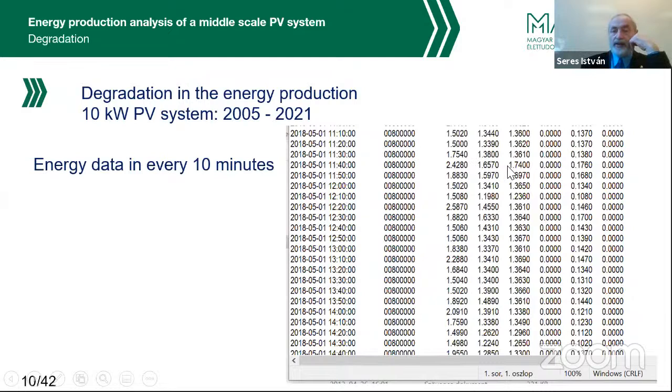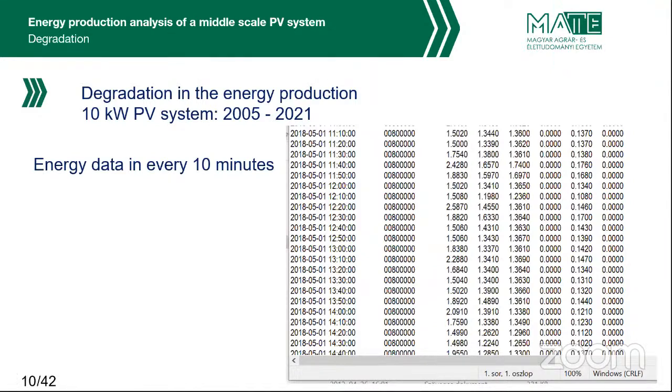These are the energy production of the different subsystems in kilowatts. These measurements are running continuously, and we are measuring the DC side, and we also have a special meter measuring the grid.